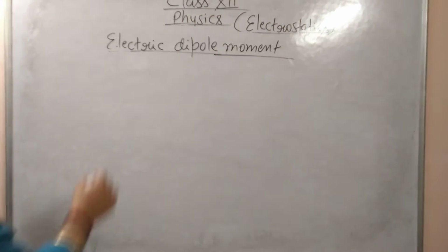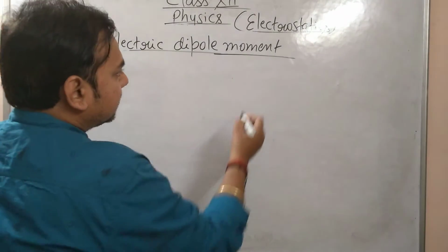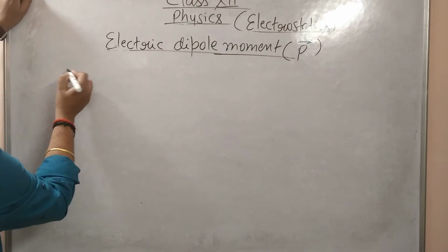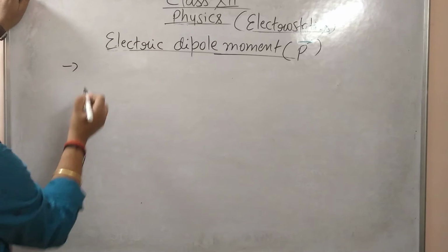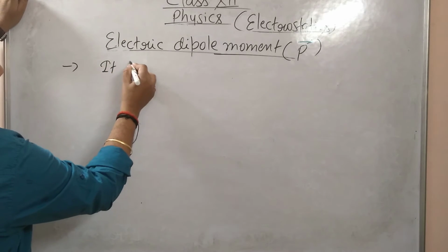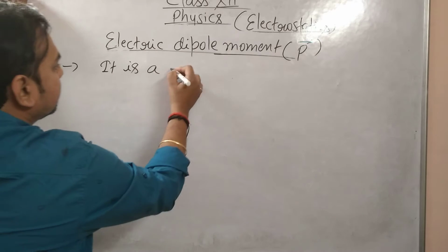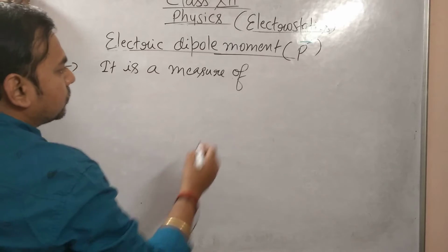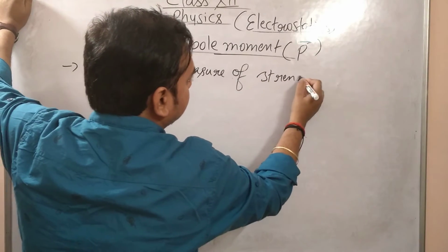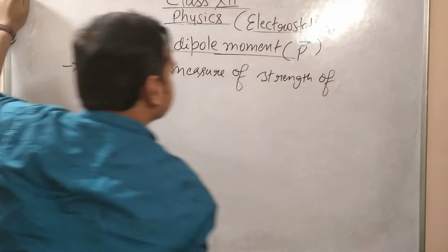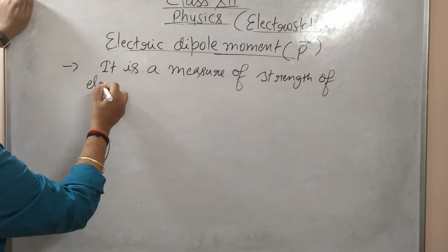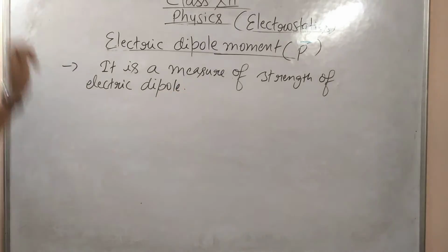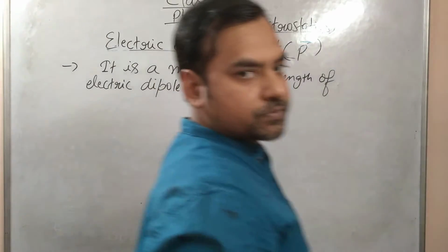Electric dipole moment is denoted by capital P. Electric dipole moment is nothing but a measure of the strength of an electric dipole.